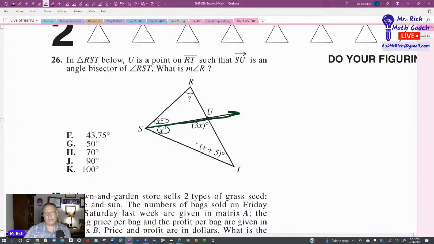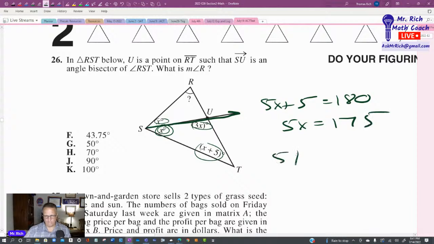All right, I'm going to just simply add these 3 angles up and set it equal to 180. So when I add these, X and X and 3X is 5X, plus 5 has to equal 180. So 5X is equal to 175. 5 goes into 175 35 times.